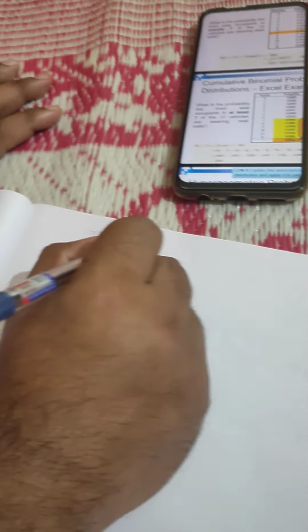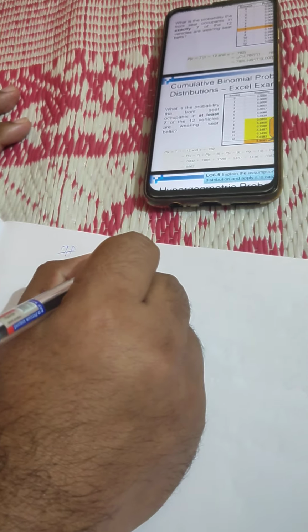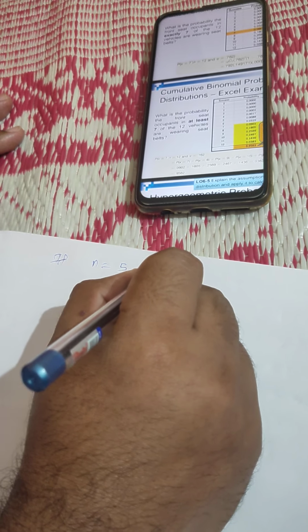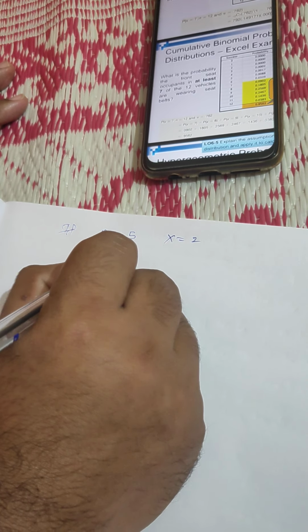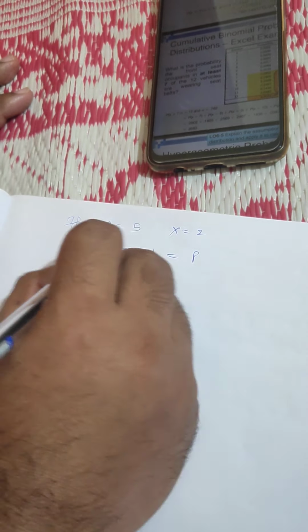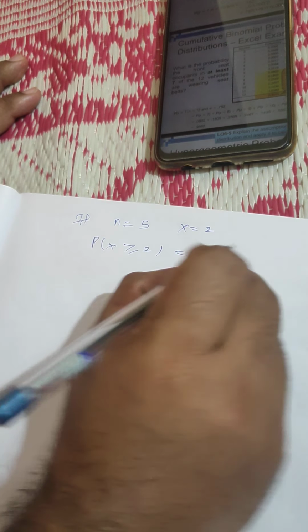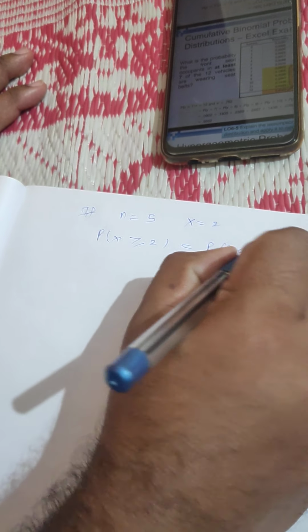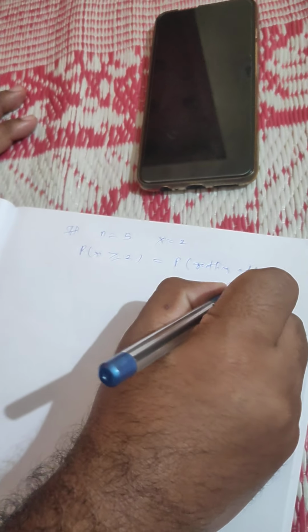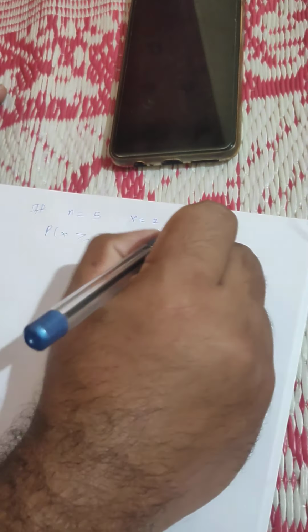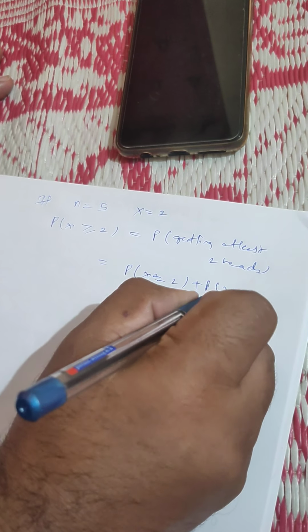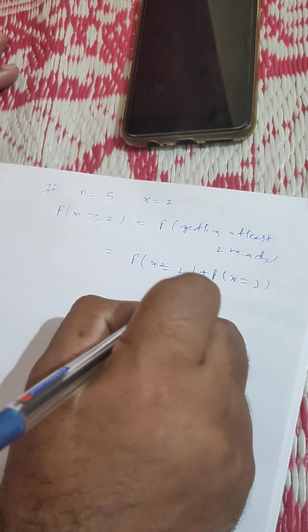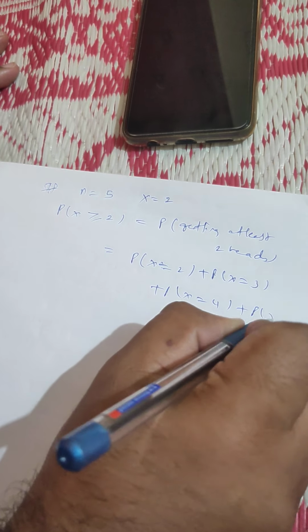For example, if n is equal to 5 and I need P of x greater than or equal to 2, that is getting at least 2 heads, this is equivalent to P of x is equal to 2 plus P of x is equal to 3 plus P of x is equal to 4 plus P of x is equal to 5.